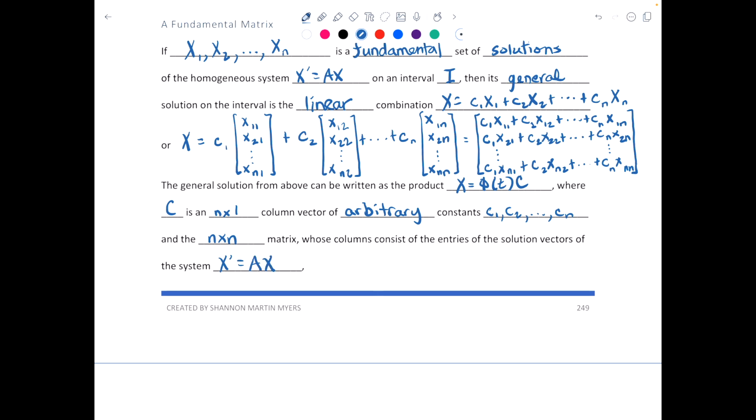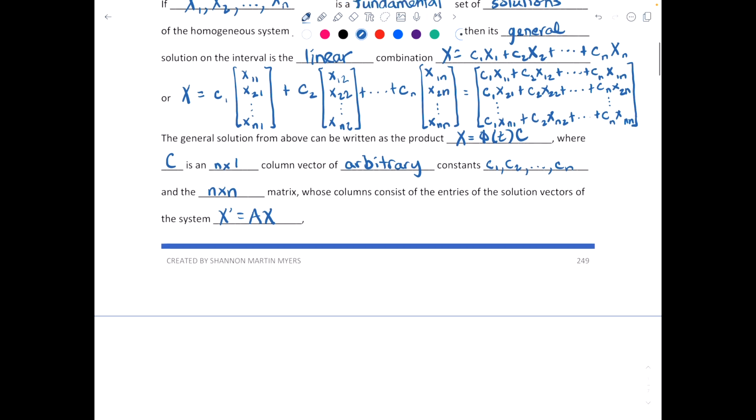All right, so now here we go. Here's kind of the meat of what's going on here.